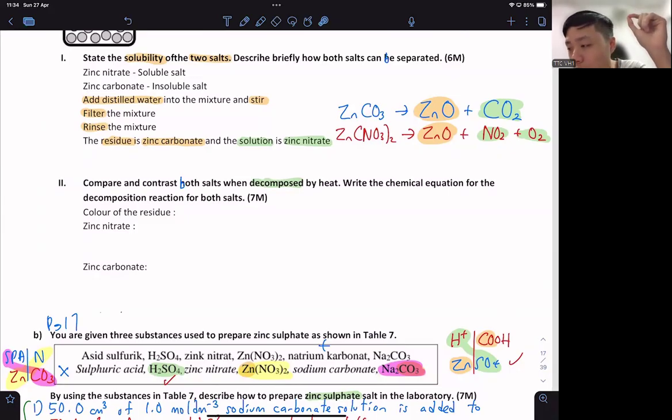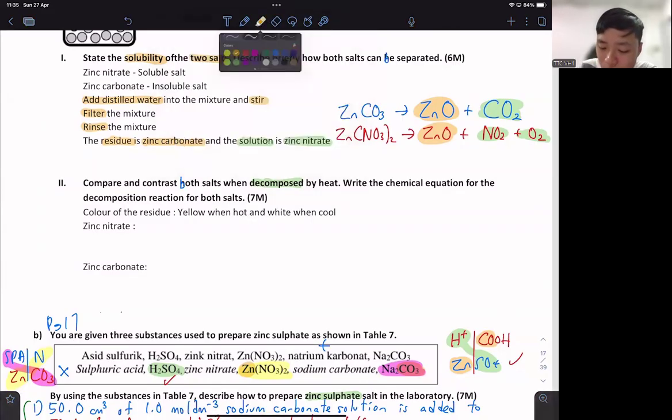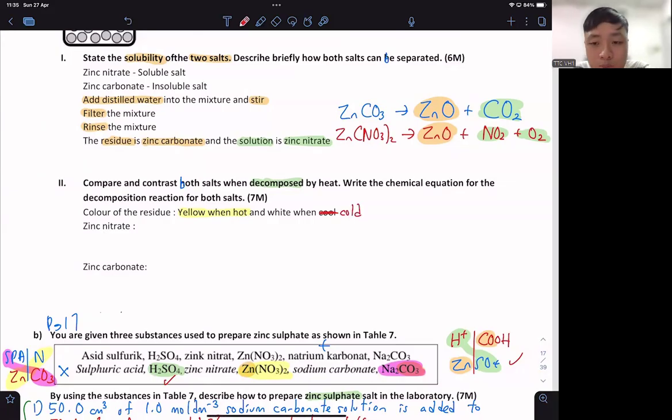How about ZnO? Remember: yellow when hot, white when cold.